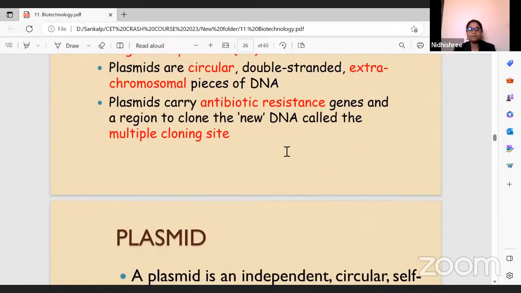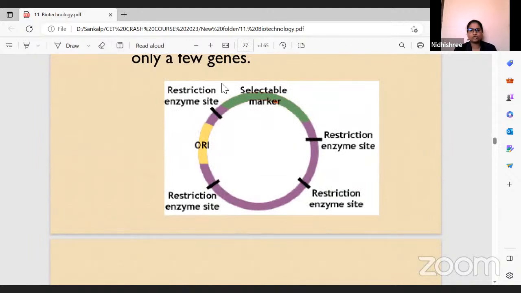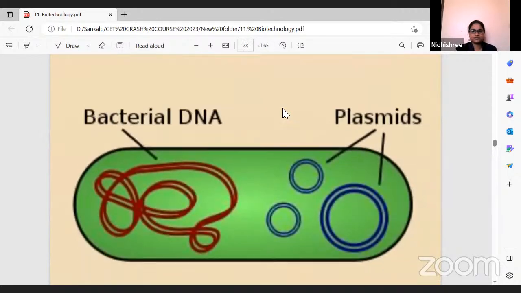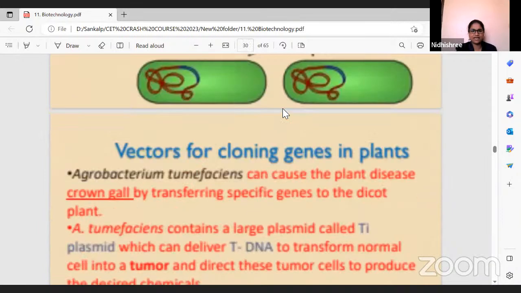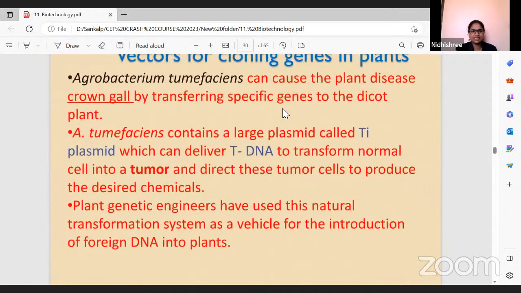These carry an antibiotic resistance gene. This is the structure of a plasmid: restriction enzyme site, ORI, restriction enzyme site, selectable marker. See the position of the selectable marker, bacterial DNA, and these are plasmids. All these we studied in the theory classes.